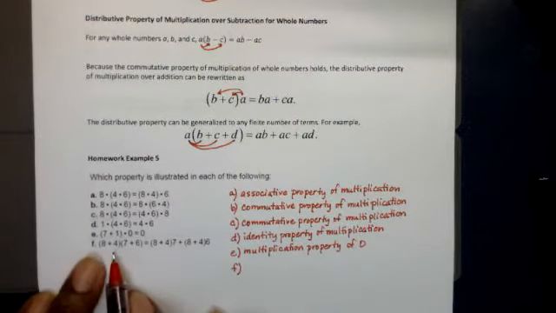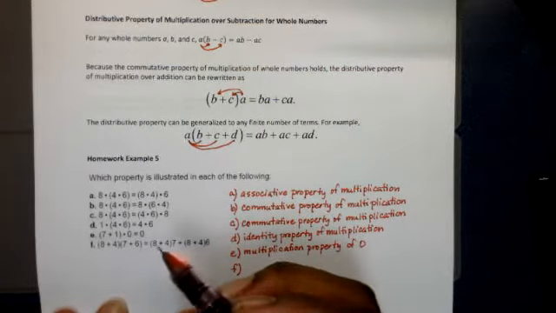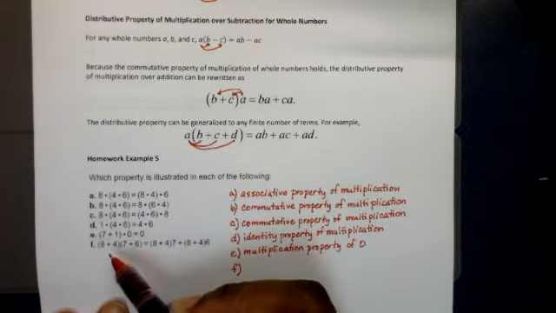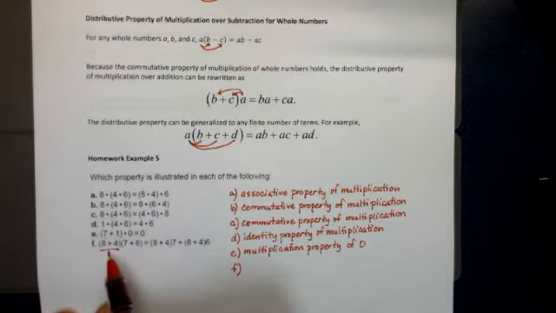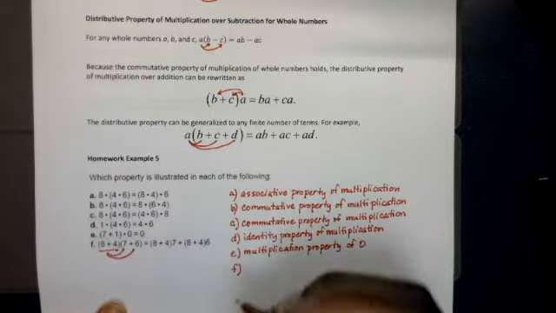And part F, 8 plus 4 in parentheses times the 7 plus 6 in parentheses. That's equal to 8 plus 4 times the 7 plus 8 plus 4 times the 6. Notice, in this case, they're distributing the 8 plus 4 over the 7, and the 8 plus 4 is being distributed over the 6 through multiplication.